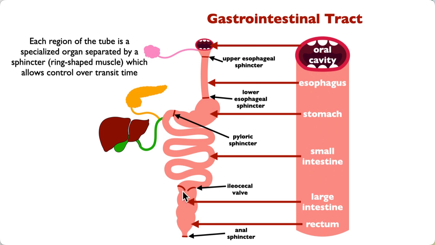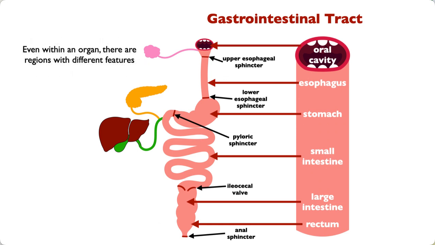No, it's not a sphincter, but it performs the same basic function, which is that when material reaches the large intestine and the large intestine contracts to get it out or move it ahead, then the valve ensures that it doesn't move backwards. And finally, and very importantly for toddlers as well as the rest of us, is the anal sphincter, which controls when we let the fecal material out of the body.